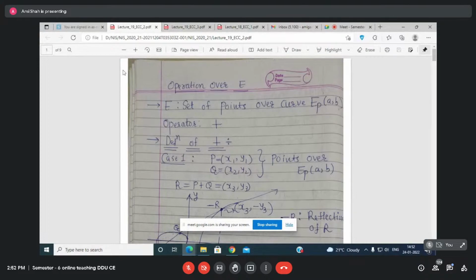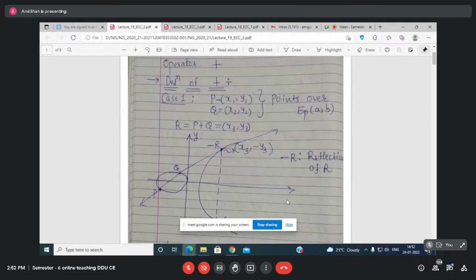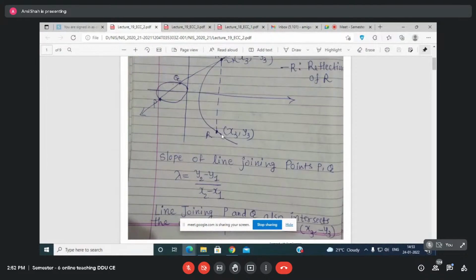Once you have found the set of points on a curve, I want to perform the operation on these points. So here two points are given, and now you want to find another point on the curve, that is x3 y3. To calculate this, first of all you have to calculate the slope of the line joining the points P and Q. So your question is, what are the values of x3 and y3?